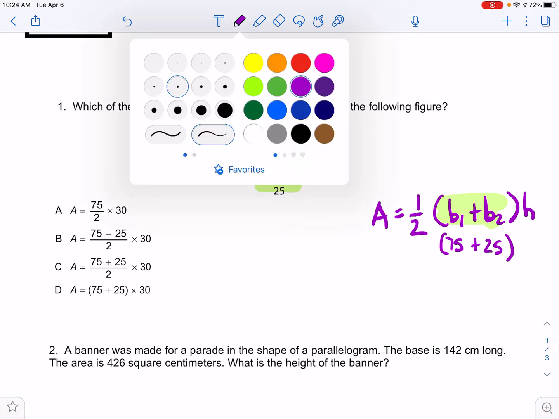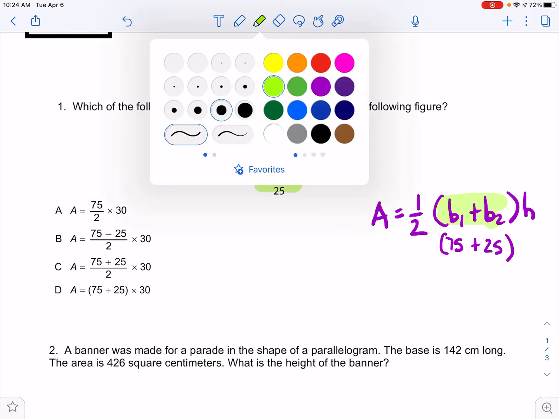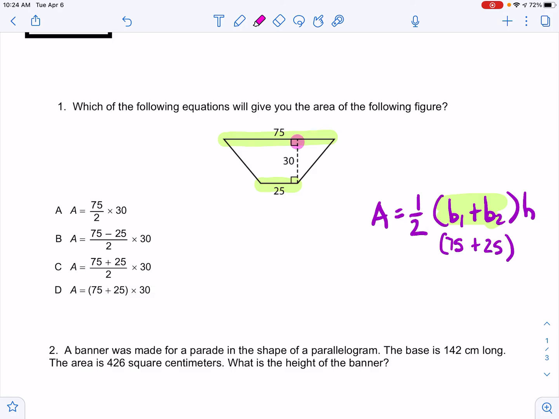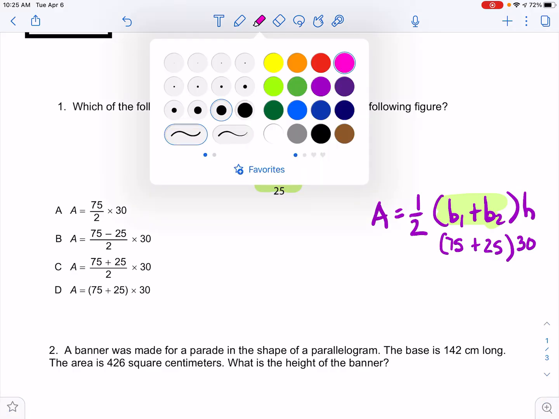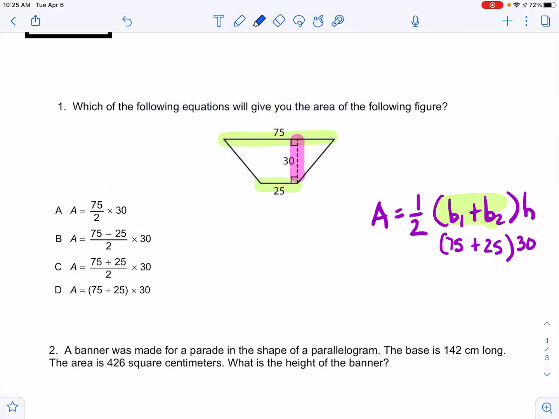Your height is always going to run perpendicular with your bases. So your height is going to be 30, so I'm going to plug that in. Then I'm going to take half of it. We have been studying this concept this year that when you take half of something, you are actually also dividing it by 2.